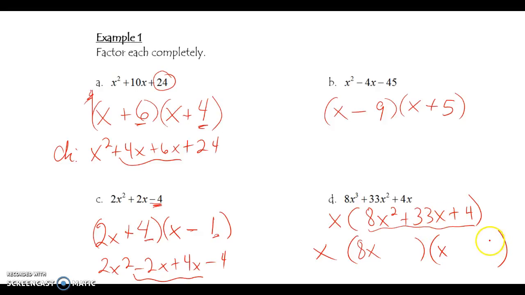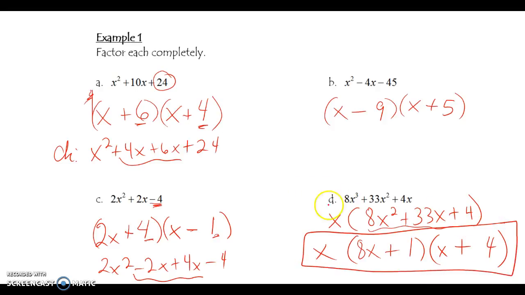Then I'm going to try 4 and 1. Since these are all positive, I know this has got to be positive. So let's see if that works. That would give us 8x squared plus 32x plus 1x, which is 33x, and plus 4. So that is completely factored for that trinomial given in D.